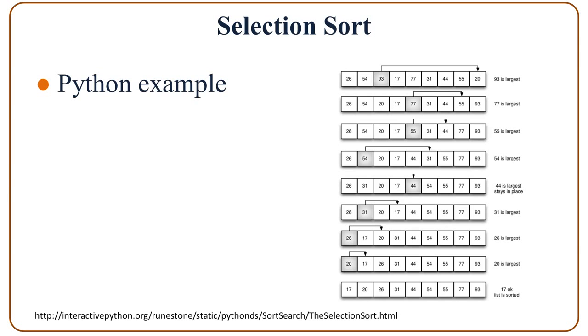Let's look at an example. Given an array, we look from the first to the last element, and we find that 93 is the largest element, then 93 is moved to the back.